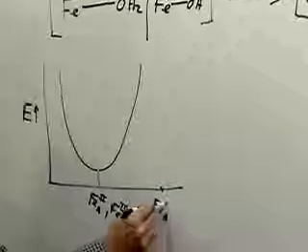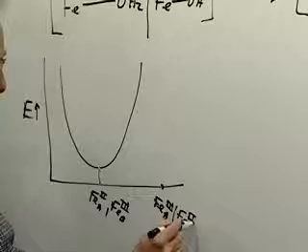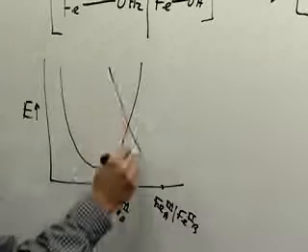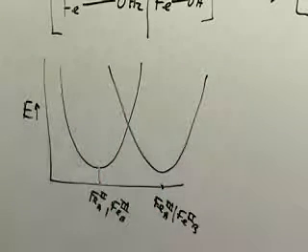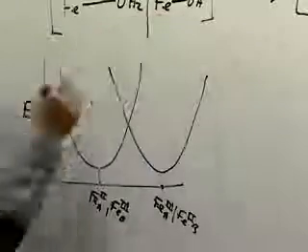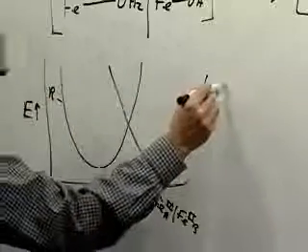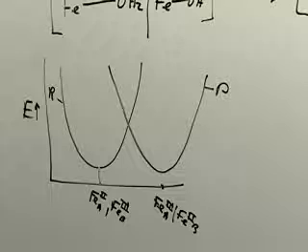So this is going to be A with the iron 3. And we'll have another set of coordinates. So what we've drawn is a potential energy surface where this is what we would call the reactants, and this is the products. And we want to talk now about moving along that potential energy surface.